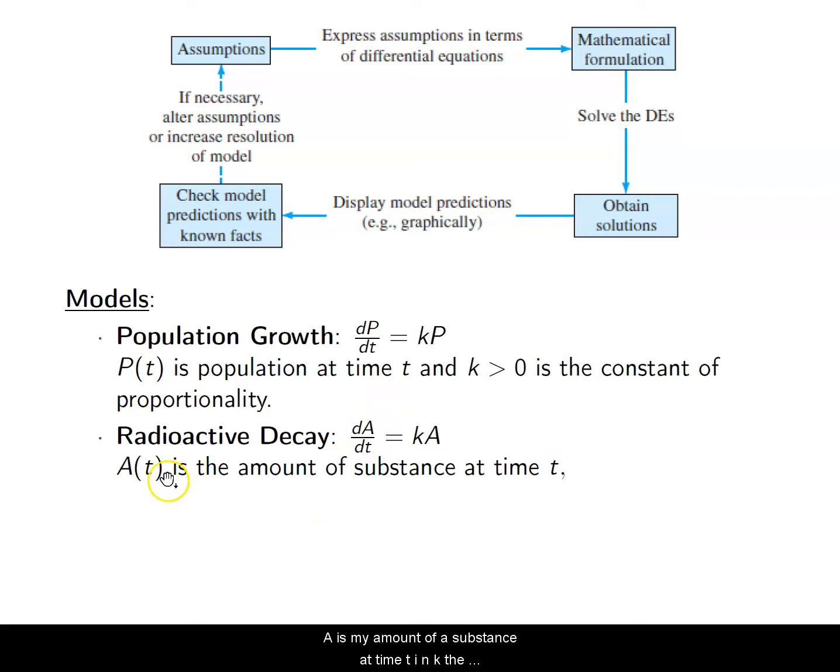A is my amount of a substance at time t. And K, the constant of proportionality here, is going to be negative because my amount of a substance is decaying over time into other elements, other atoms, other molecules, other compounds, whatever is happening with my radioactive decay. Generally, you're losing electrons at that point.